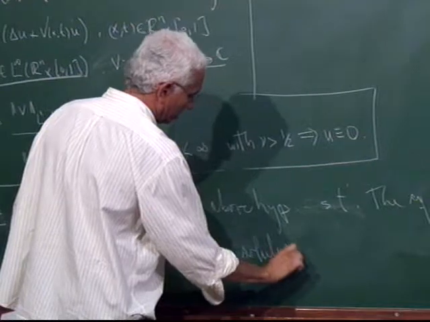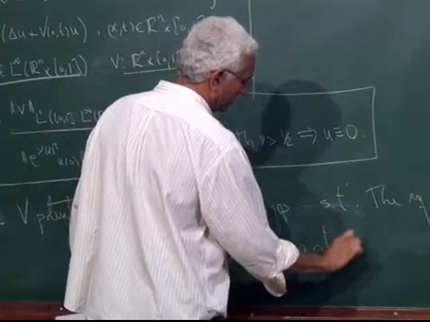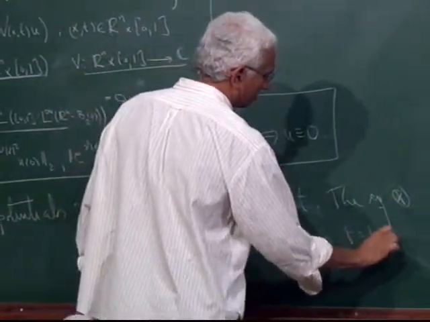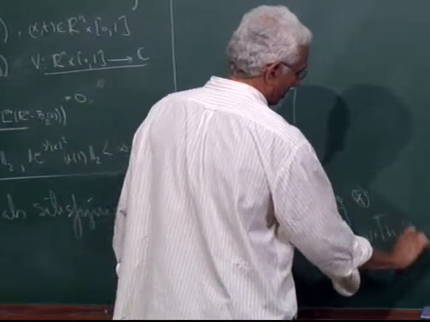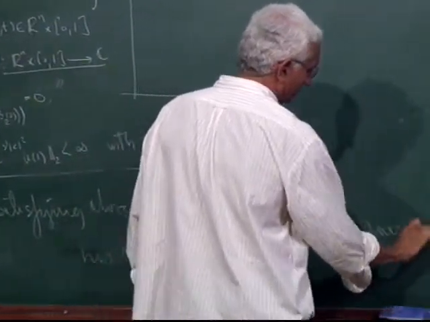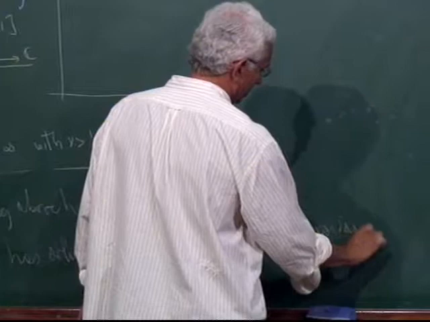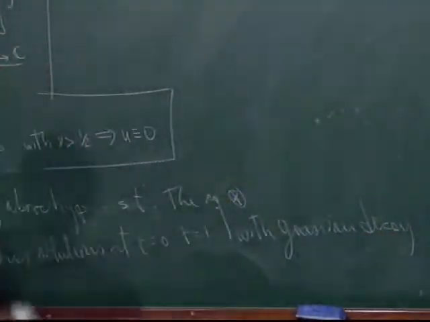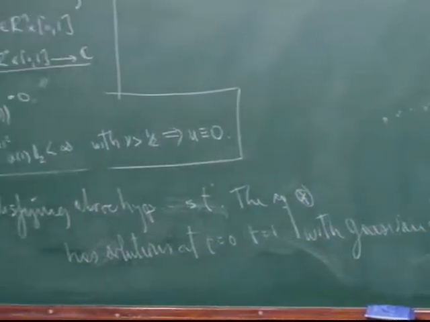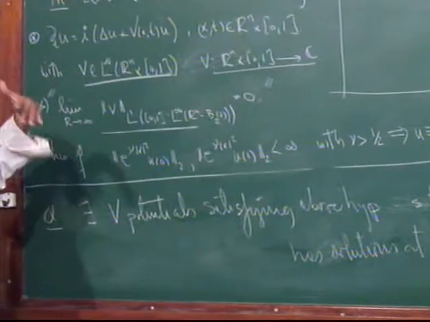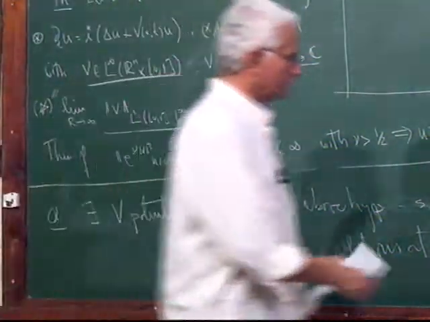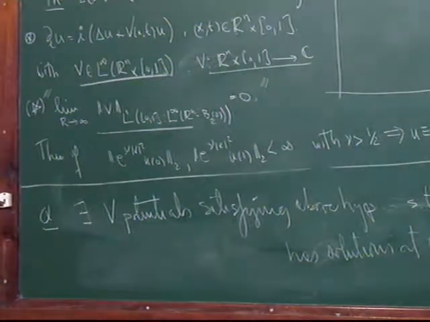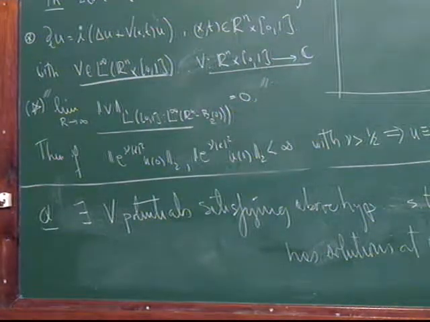Solutions at t equal to 0, t equal to 1 with Gaussian decay. Forget about for the moment that we want sharpness or not. The question is, is this class empty? Do you understand the question? I mean, well, let's say that this is a very simple trick and very unfair, but this is what it is.